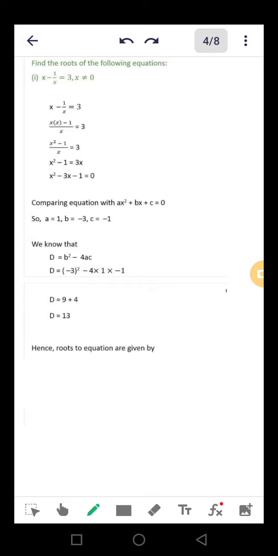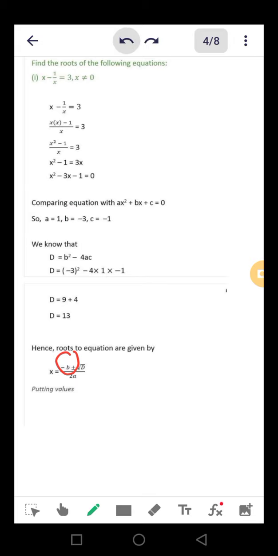This 13 doesn't have a perfect root. Sometimes we get a perfect root number, sometimes we get a non-perfect one. That doesn't matter. Whatever D value we get, we should write it in the formula. Substituting this in the formula, x is equal to minus b. What is the b value here? b is minus 3, so I can put minus of minus 3, because minus b and this b is also minus.